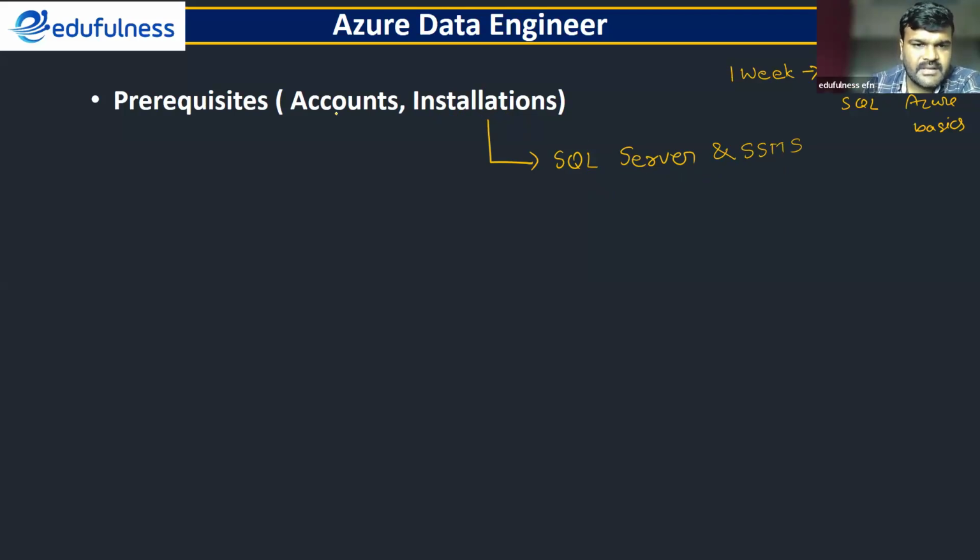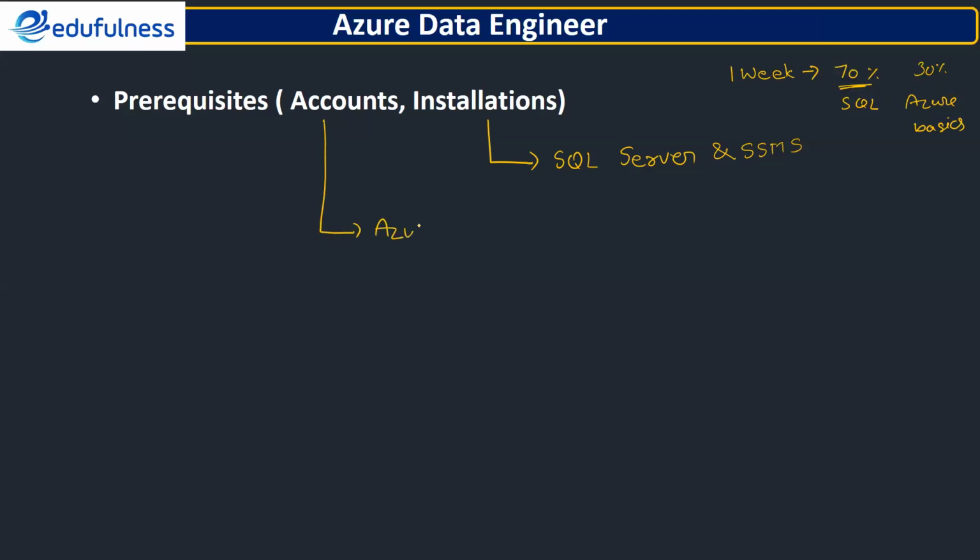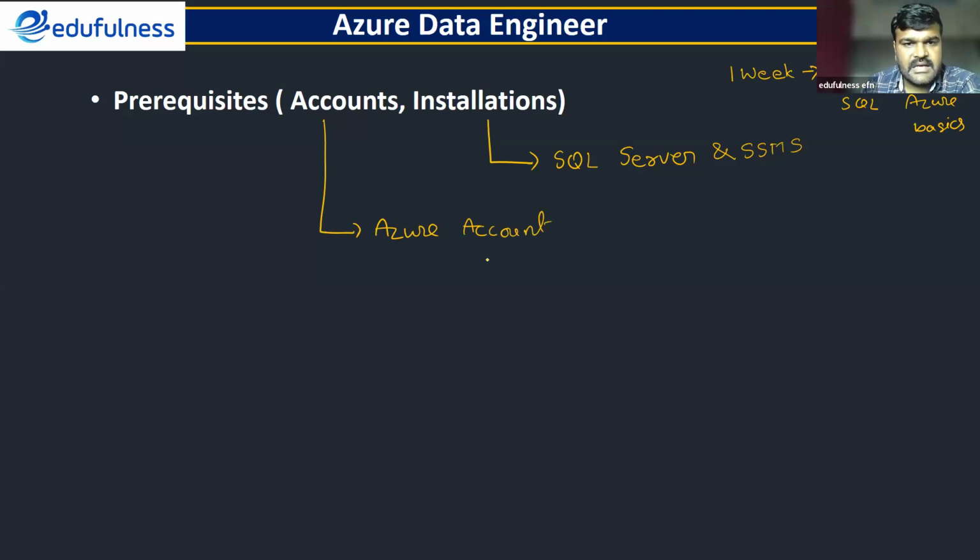Okay. Then another very important thing is the account side. You need an Azure account actually. This is mandatory. Of course, we have a free subscription, so you need not worry about whether it is a paid one or not.